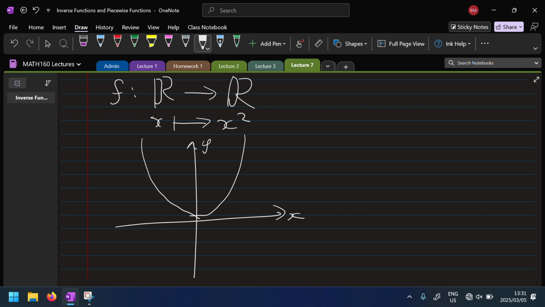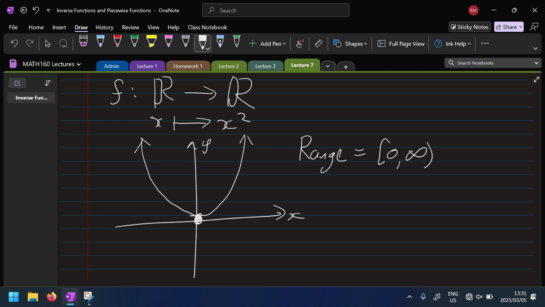The range is just the outputs. So we see it starts at 0. So over here, the turning point is at 0. And we include everything above. So the range is 0 up to infinity. So from 0 up to infinity, that's the range.